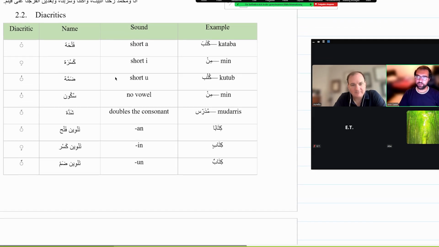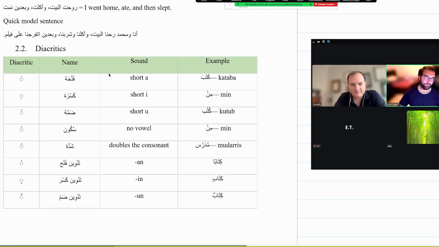Good. So you have the diacritics, which I think is the one thing, if you have no idea how to read Arabic or don't know anything about it, that's the most visually telling thing about Arabic, because you have multiple signs below and above and everywhere.